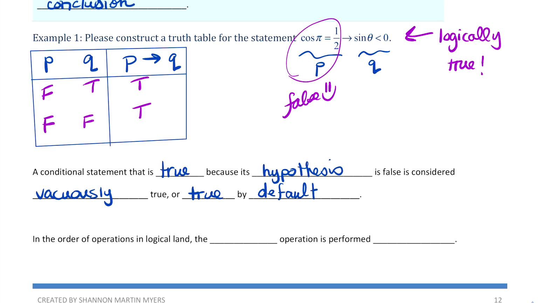So now you can go and blow your friends' minds away by saying, hey, did you know that if cosine pi equals 1/2, then sine theta is less than 0?